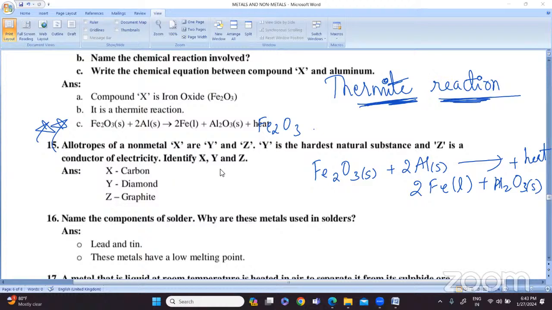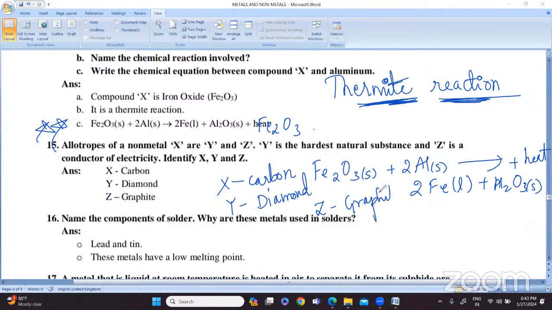Identify X, Y, and Z. So a non-metal is there, it is carbon. What are its allotropes? X is the non-metal carbon. Y is diamond, because it is the hardest, and Z is graphite.